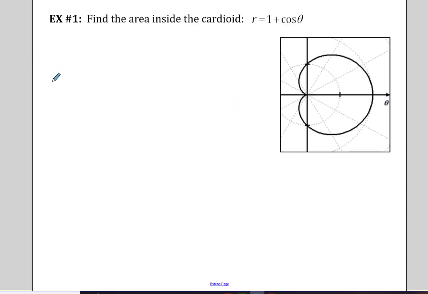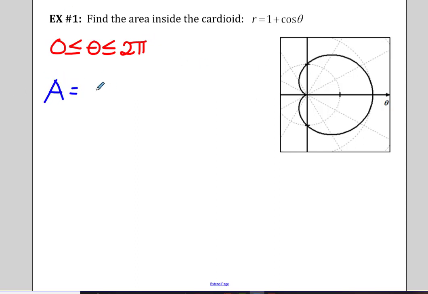So in example 1, we'll find the area inside of our cardioid, r equals 1 plus cosine theta. And one thing we know is that the angle theta is going to be between 0 and 2 pi in order for us to go all the way around a full revolution.